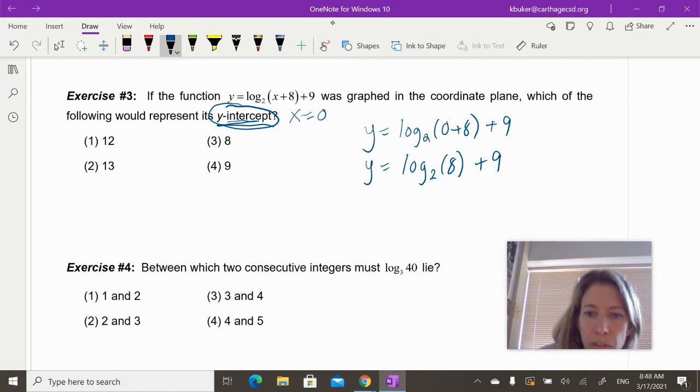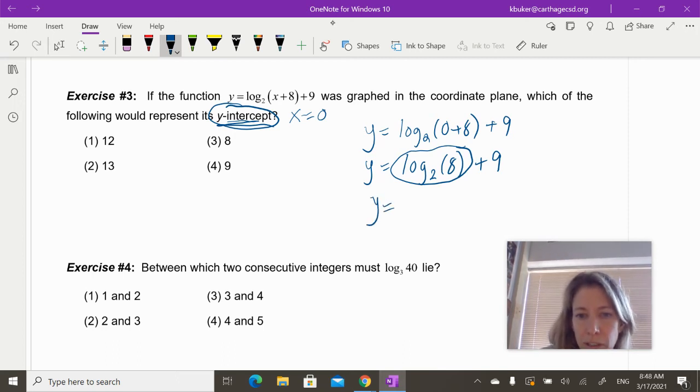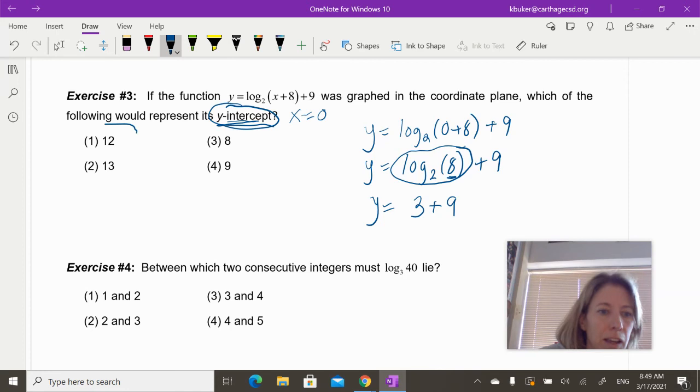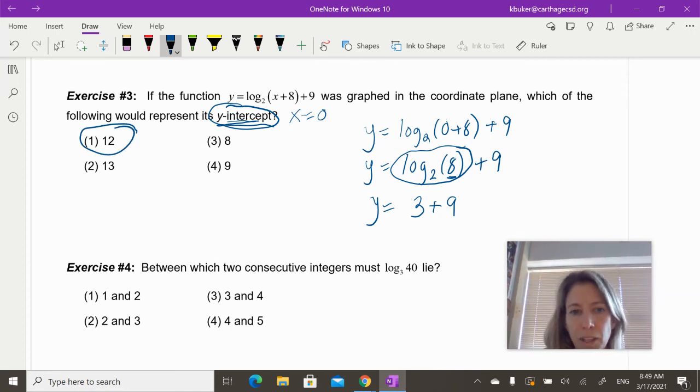Now if we see log base 2, we can actually evaluate that, right? Since 8 is a power of 2, we just talked about this on the last page, this is basically saying 2 to the what power is 8. So log base 2 of 8 is just 3, because 2 to the third power gives us this 8. So this becomes 3 plus 9, and the y-intercept would be 12.